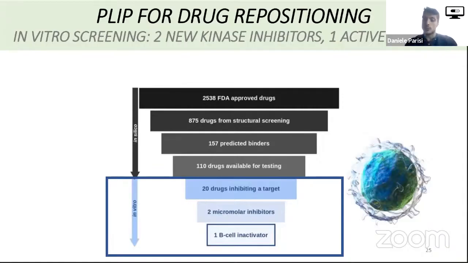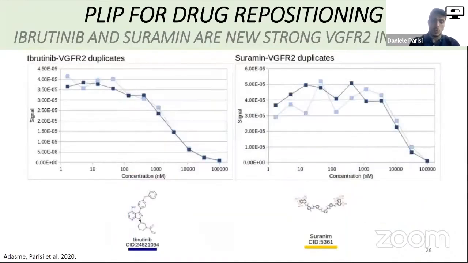And one of those 20 new inhibitors was actually able to inhibit the cell model, the B cell that we were overactivating in vitro. So this is the graph showing the physical interaction between two of the best 20 of our inhibitors.